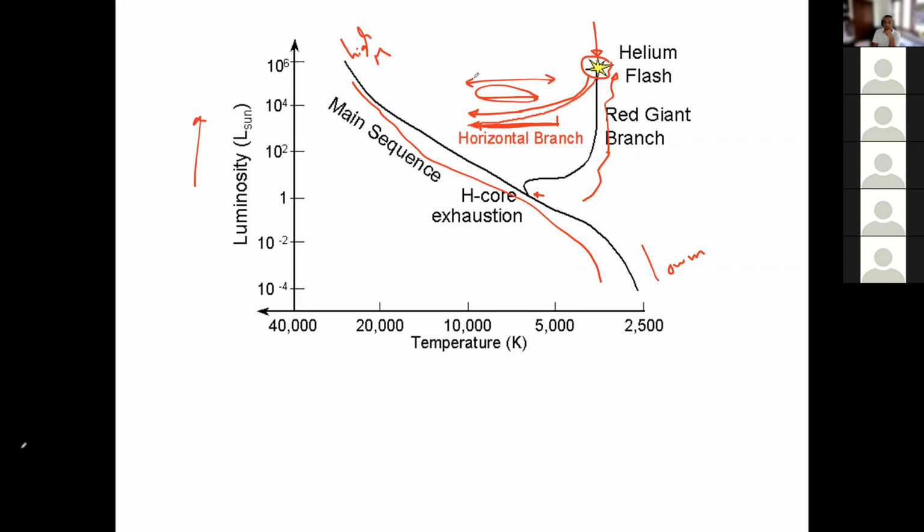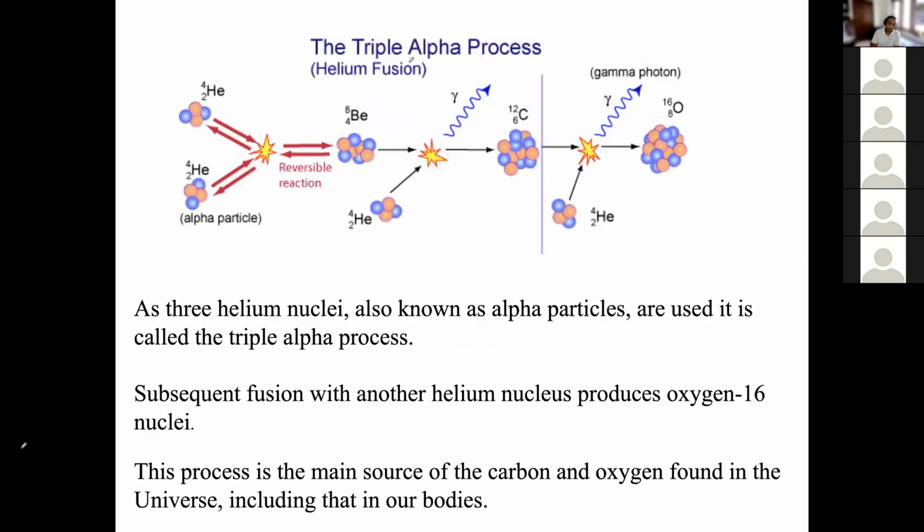That means you have similar luminosities, which we call the horizontal branch of the HR diagram. And remember, this is only for low mass stars, right? For the high mass stars, which are in this region, the process will be a bit different, right?